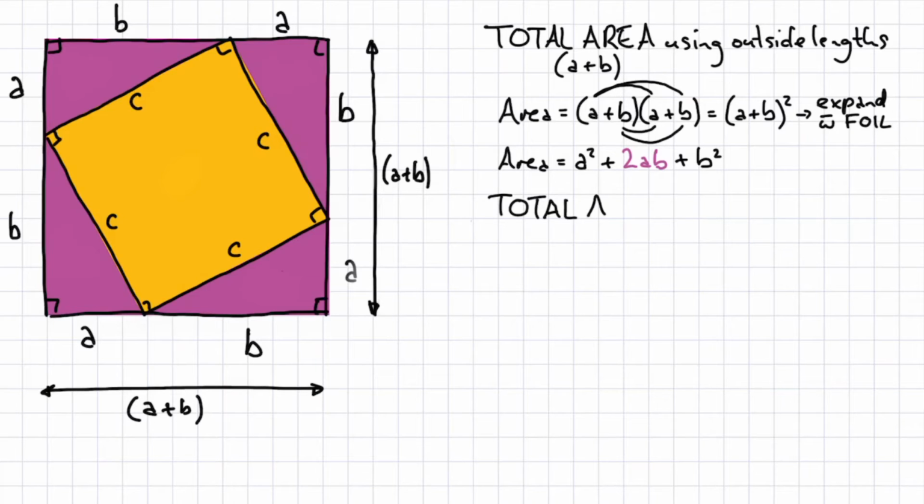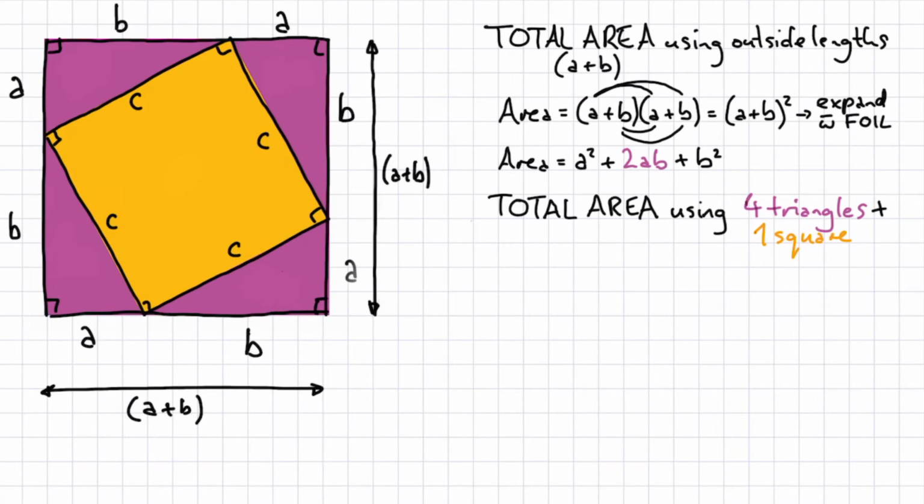Now let's work out the total area using a different method. The first method was just with the outside lengths, but now we're going to work out the total area using the four right-angled triangles, and we're also going to have that inner square that has side lengths c.